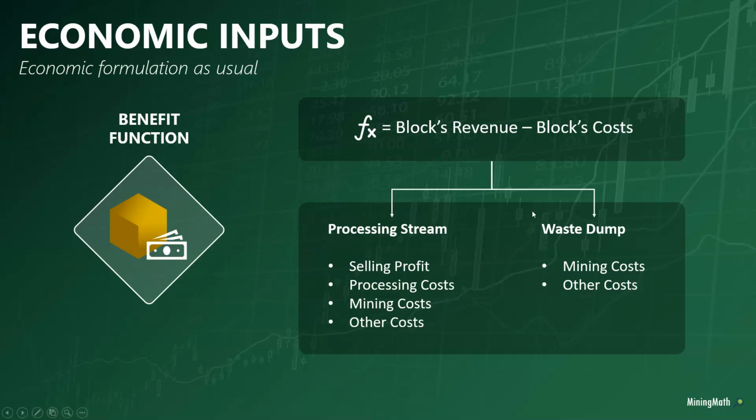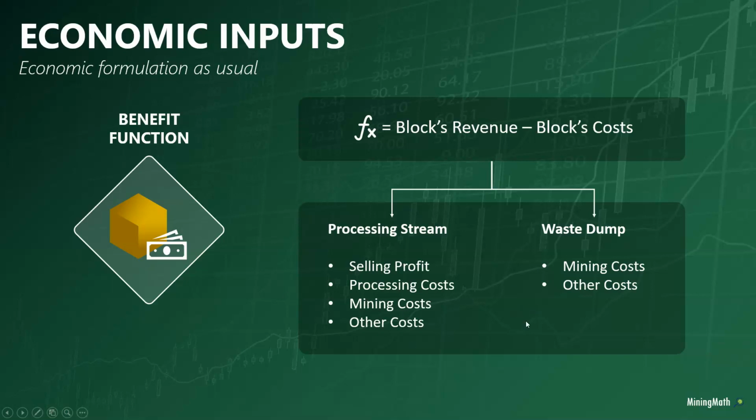If mined or not, if processing or not, when it should be mined, when it should be processed, etc. So here basically we have the economic function based on block revenue minus block costs, which is pretty much straightforward. Nothing new in this regard, I believe.